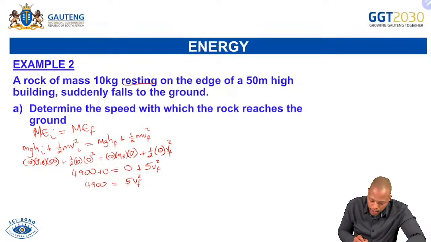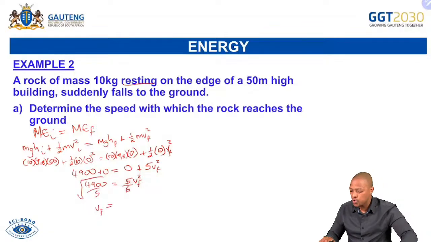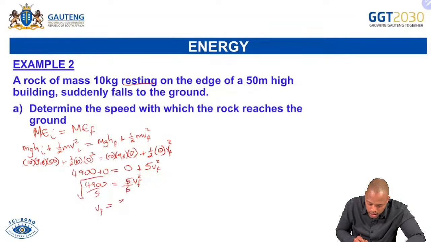And then finally, we divide by 5, and we introduce a square root there to get rid of the square. So it should be the square root of 4,900 over 5. We should get that the velocity will be what?